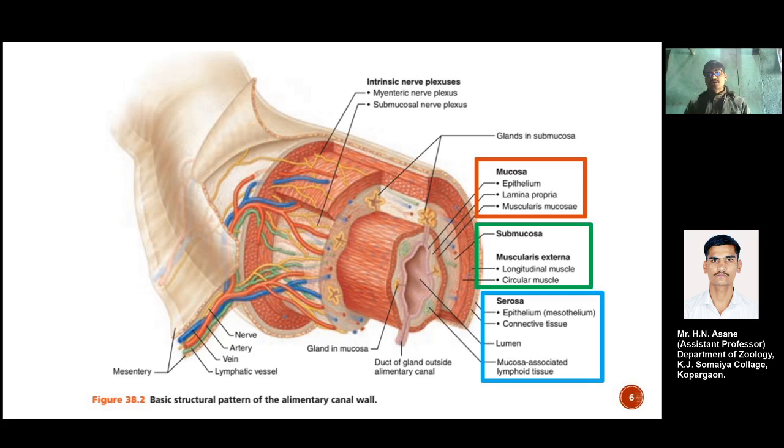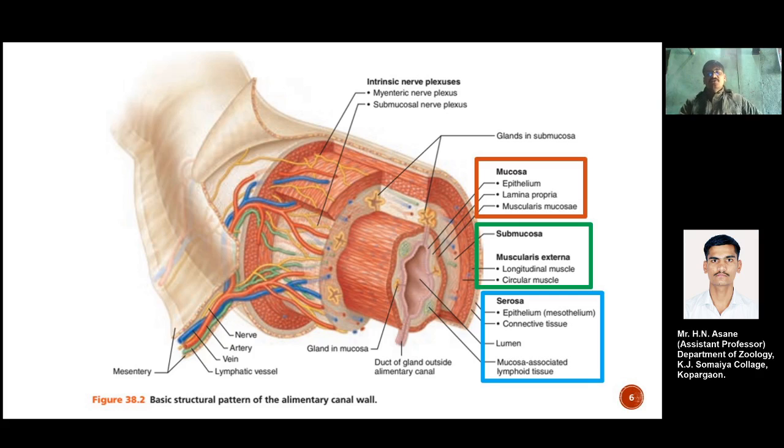The mucosa contains the epithelium layer, the lamina propria layer, and the muscularis mucosa layer. Then the submucosa is the second part, and it contains the muscularis externa, with the longitudinal muscle sections and then the circular muscle sections.